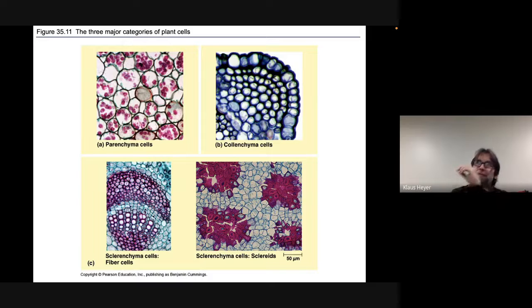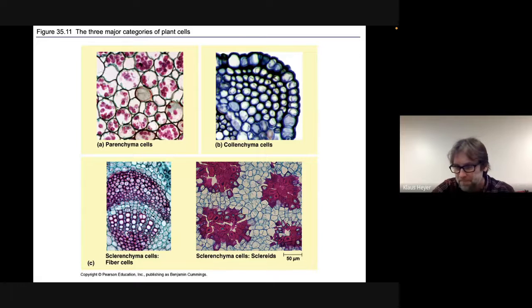So the thinnest cell wall is the parenchyma. So this word up here, parenchyma. Yes, you have to learn how to spell it. Parenchyma cells have thin, flexible walls. These serve general functions.